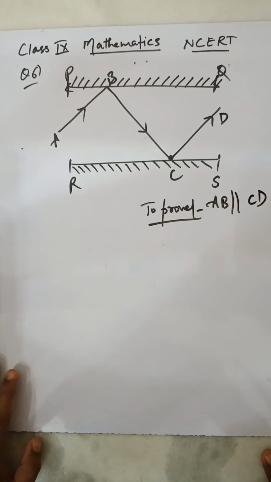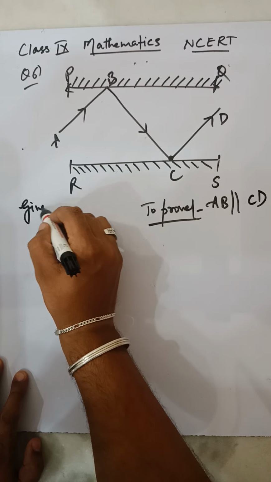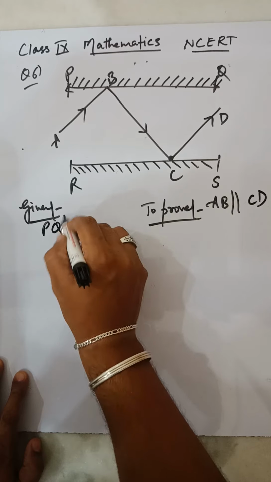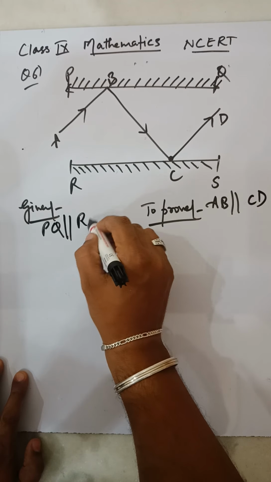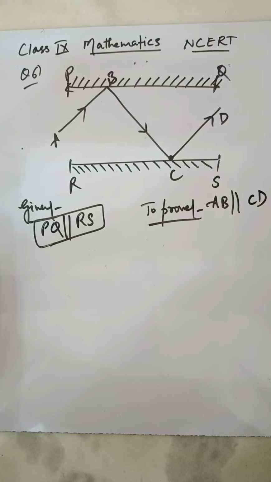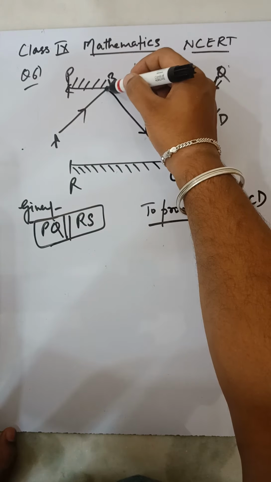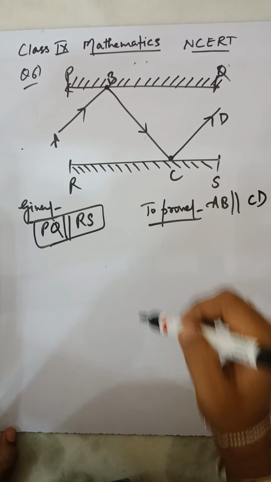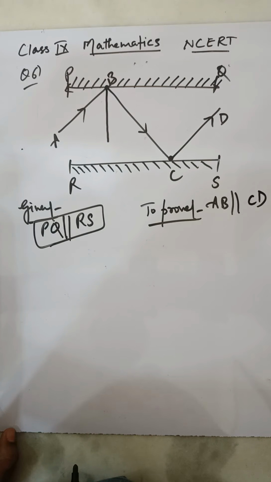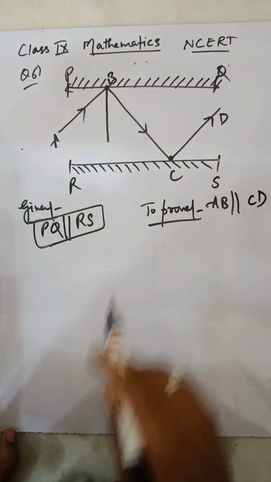What is given in the question? It is given that the mirror PQ is parallel to RS. See, this point B is the point of incidence, and I have told you that the normal is the line which is perpendicular to the mirror at the point of incidence.